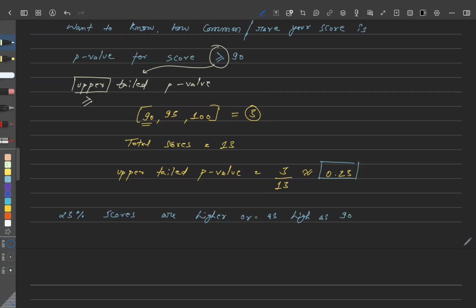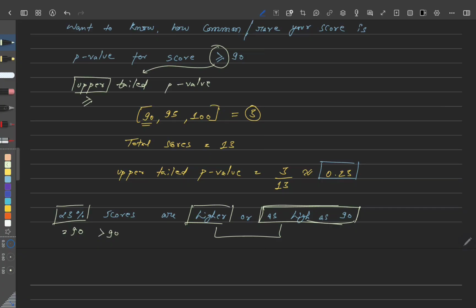The reason we are writing as high as 90 is that all these 23% of scores can be as high as 90, which means equal to 90, or they can be greater than 90 as well. That is the reason we are doing greater than and equal to 90. So all these 23% scores can be higher than 90, or as high as 90, which means equal to 90, or they can be a mix of both. We have all these three possibilities when we say 23% scores are higher or as high as 90.